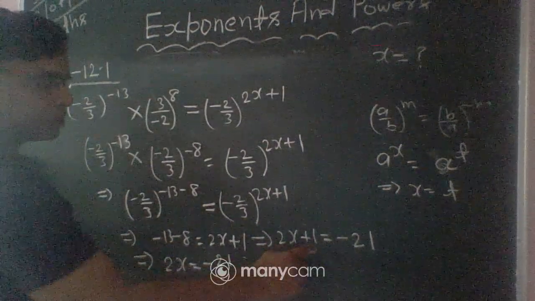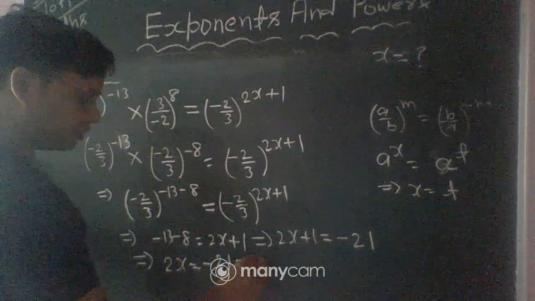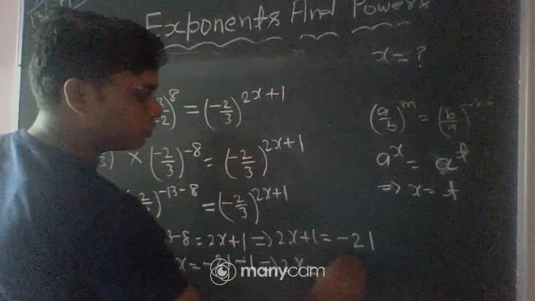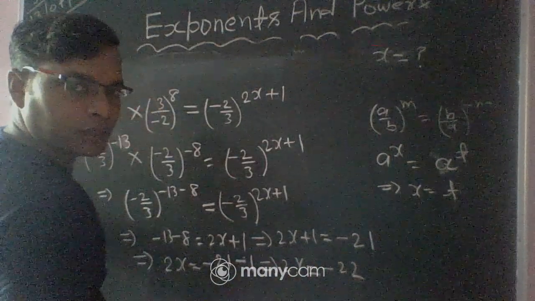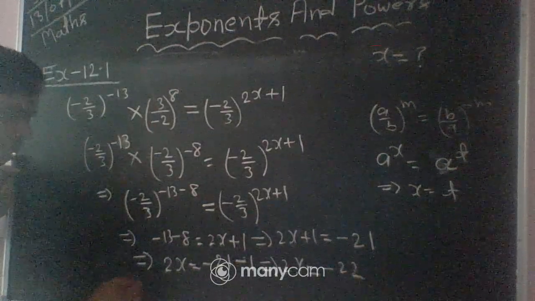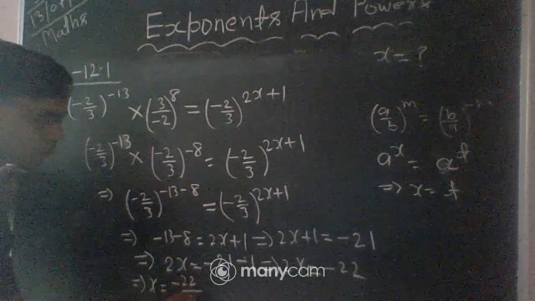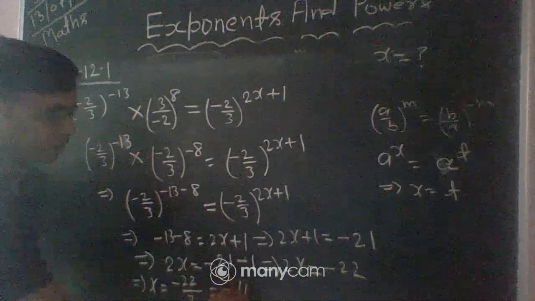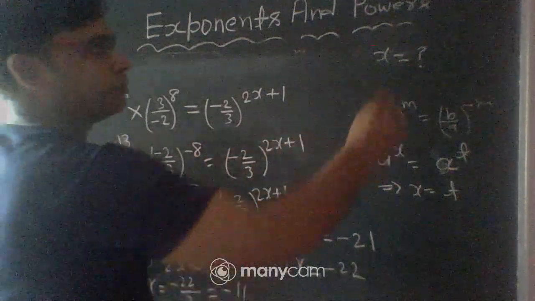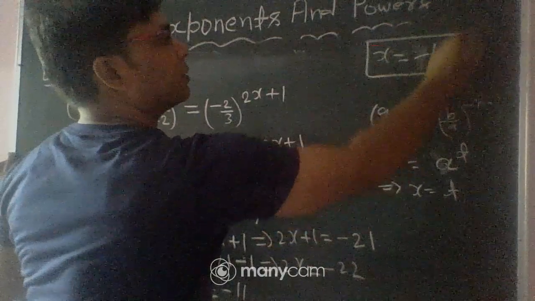Transferring this 1 to the right hand side, we obtain minus 1. So we obtain 2x is equal to minus 22, or x is equal to minus 22 by 2, and this is equal to minus 11. Okay, so here you find the value of x is minus 11. This is our answer.